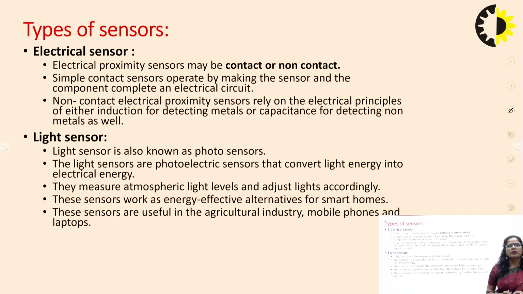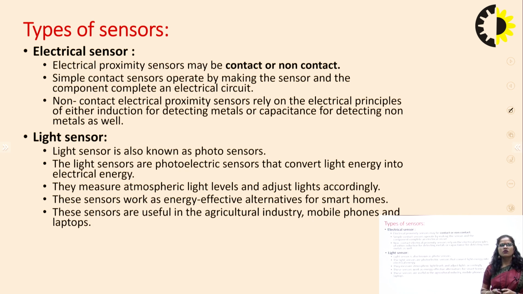And next we will talk about the light sensor. Light sensors are also known as photo sensors. This particular sensor is also used in your mobile phone cameras. Light sensors are photoelectrical sensors that convert light energy into electrical energy, right? And they measure the atmospheric light level and adjust the light accordingly. For example, in your mobile phone, if you come outside the home, obviously the sunlight is high, and your mobile phone definitely reduces the brightness of your phone screen, right?